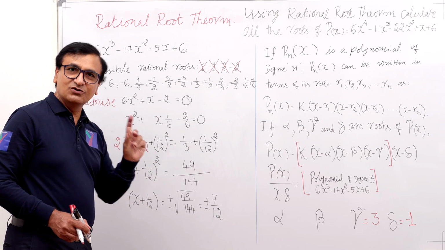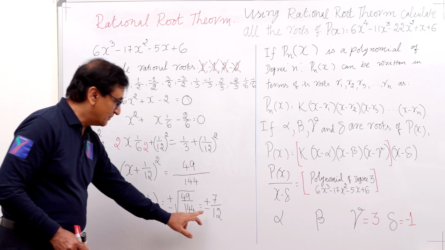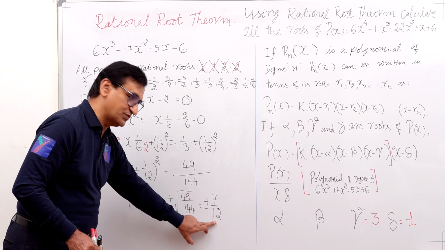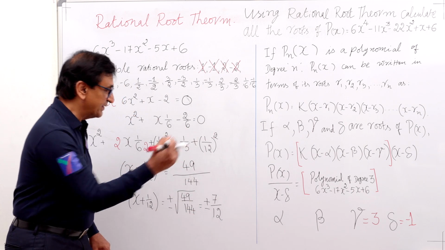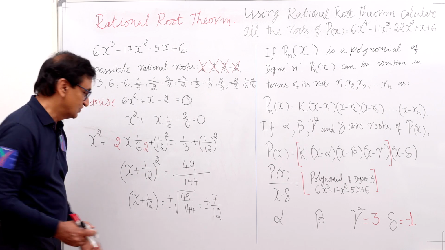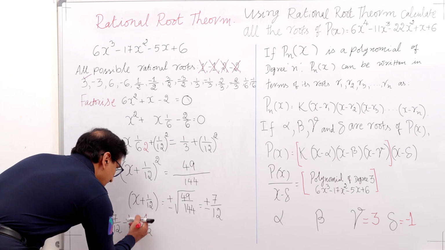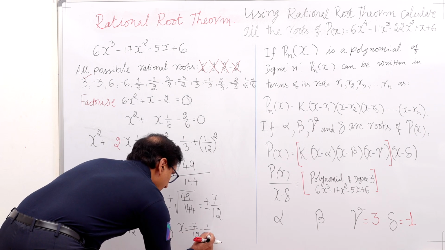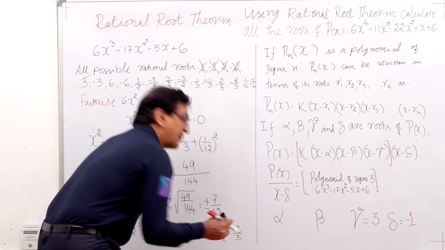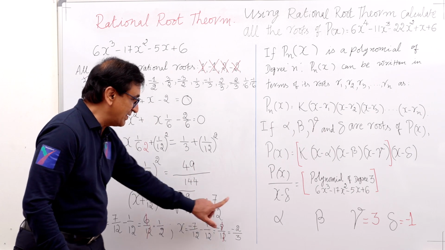Both 49 and 144 are perfect squares. Therefore, this will give me plus or minus 7 divided by 12. So on the RHS, I have plus or minus 7 divided by 12. In LHS, I have x plus 1 by 12. So x would be, so the two roots are 1/2 and minus 2 by 3.